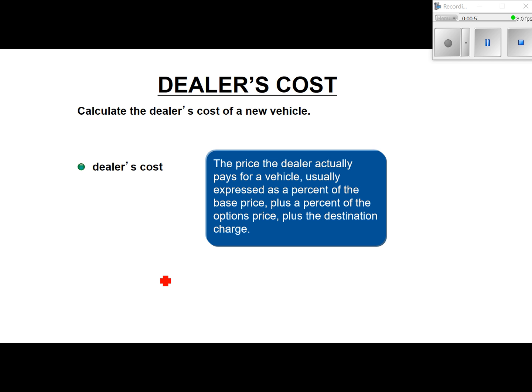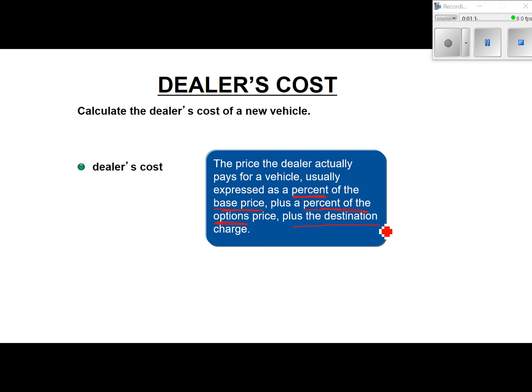You got the base price, but you got a percent of the base price plus percent of the options. So if they get you to buy some extra options on the car, then they make a percentage off of that.